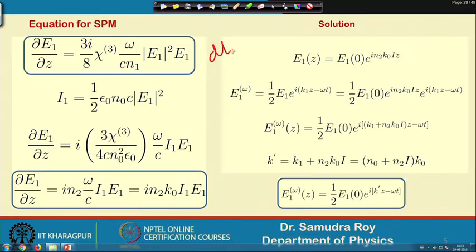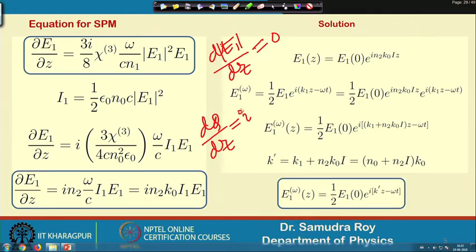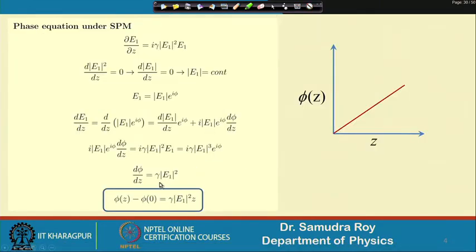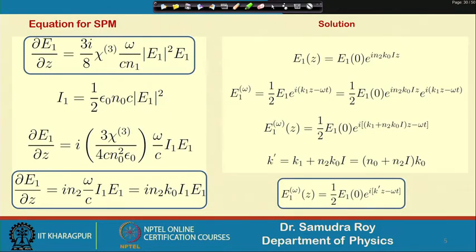One was simply dE1/dz equal to 0, the amplitude equation, and the phase equation was d phi/dz equal to gamma mod of E1 square, because inside the gamma all this n2 and all these things were captured.